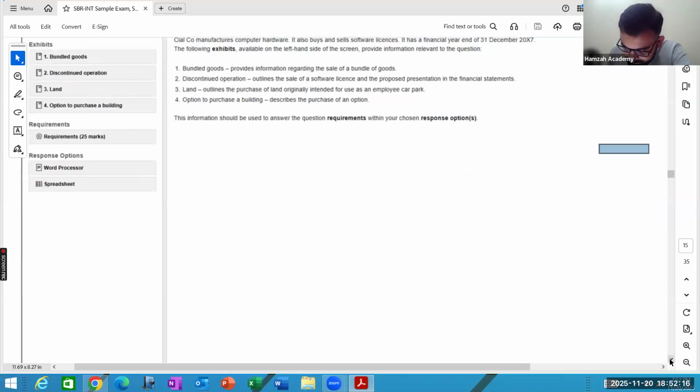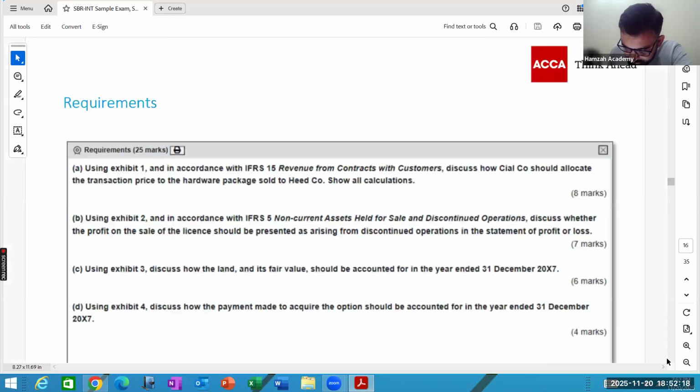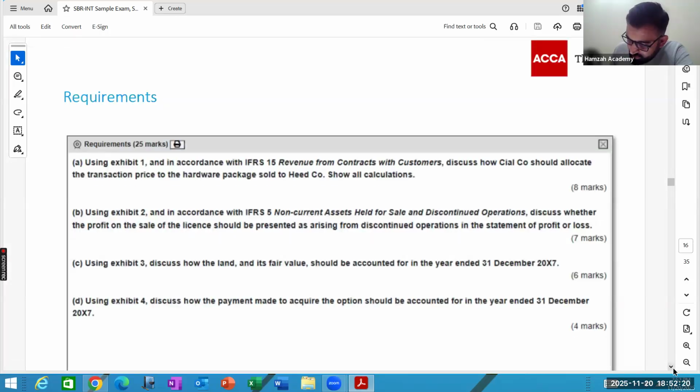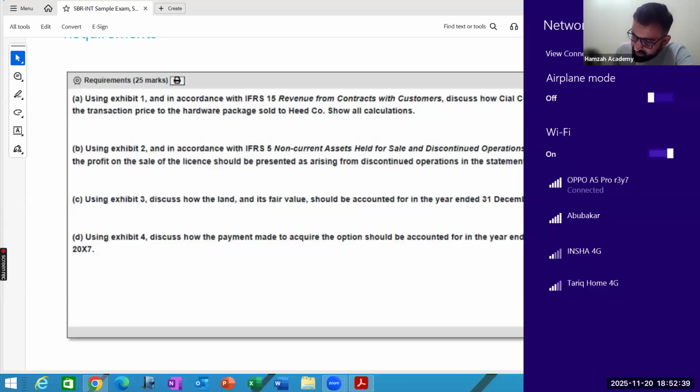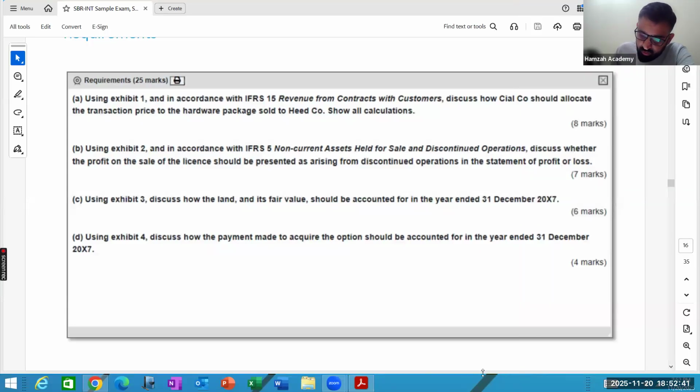Now, look at the requirements. The first requirement, requirement A, is relating to exhibit number 1.